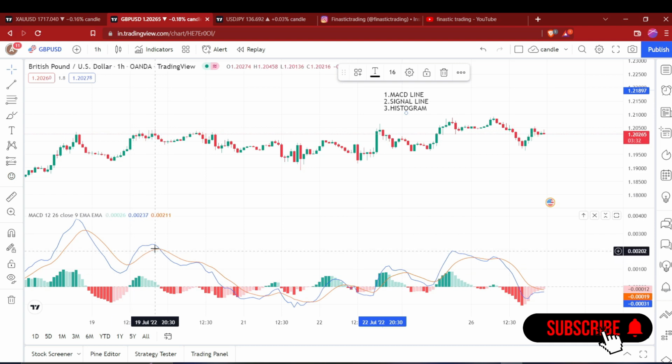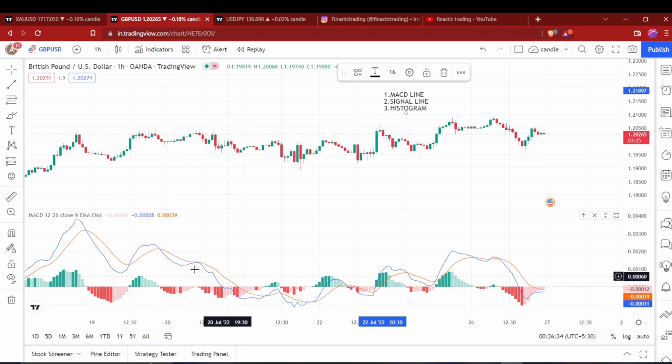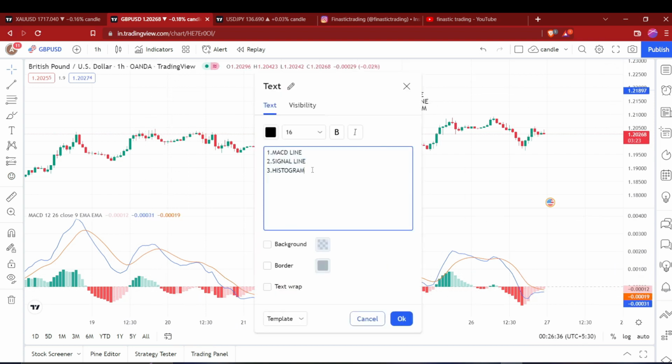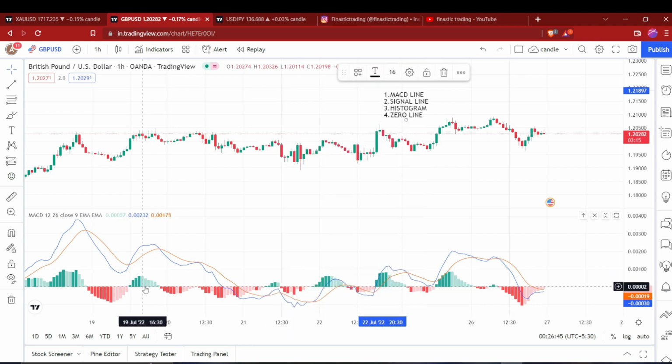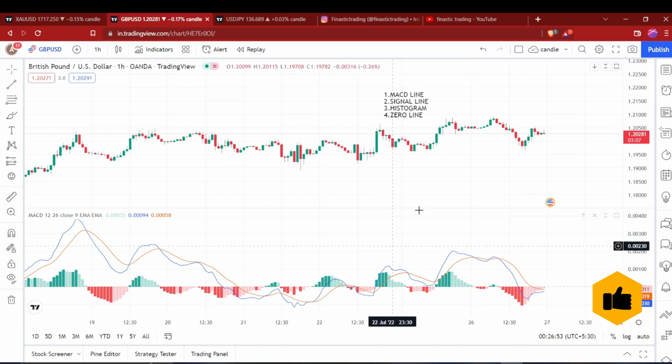And the opposite to that, whenever it crosses the orange line from the top, it will turn red. The fourth one is called the zero line. The center, the separation between the red bars and green bars, is called the zero line. So these are the four components of this indicator.